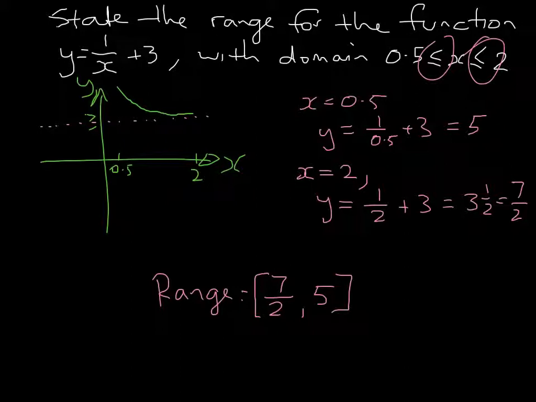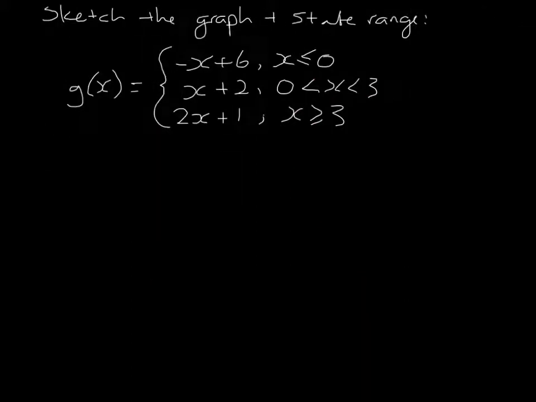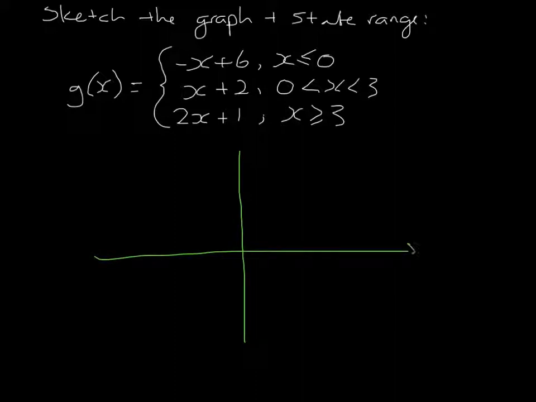Let's move on to the next question. Sketch the graph and state the range here. We're going to go like so for x and for y. Now we have a couple of key points here to look at.